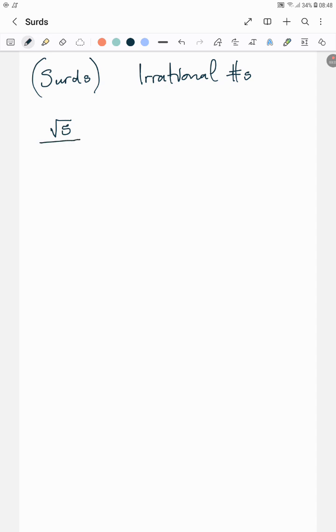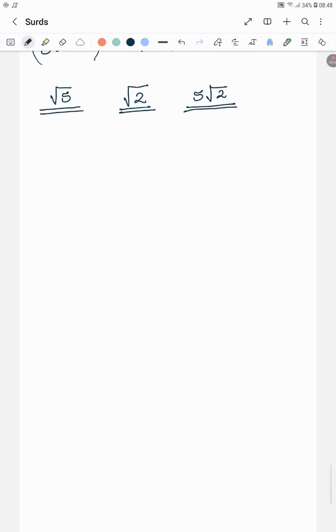It's in the exact form when you leave it like this. If you have root 2, it's also a surd, and it's exact when you leave it like that. If you have 5 root 2, it's also considered a surd, and it's also exact when you leave it like that.